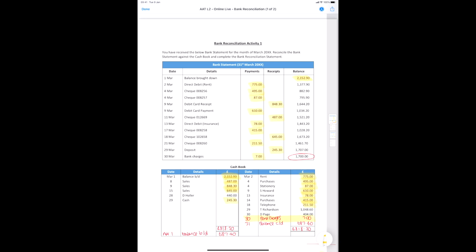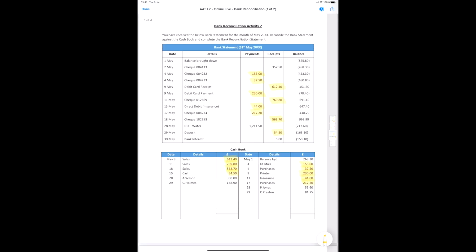So we could highlight those and tick them off. In this case, we've got a balance of £625.80 within the bank statement, but our balance in the cash book is £268.30.